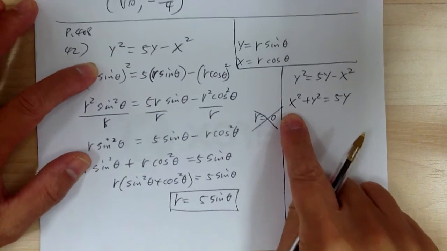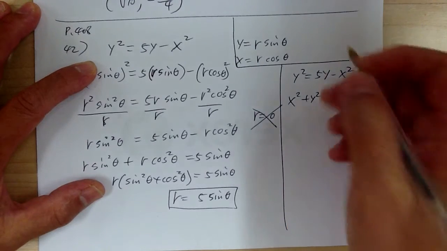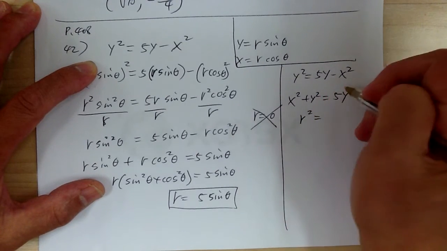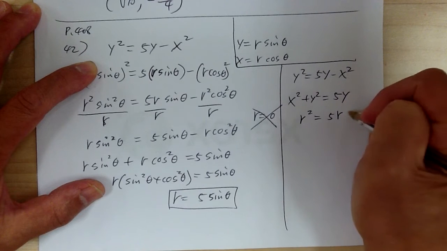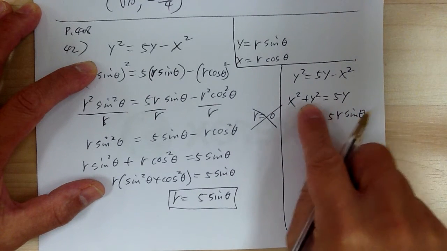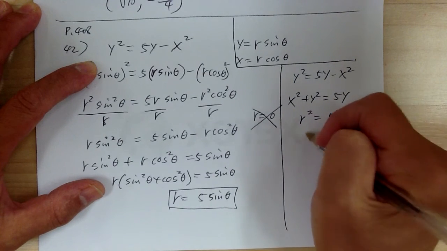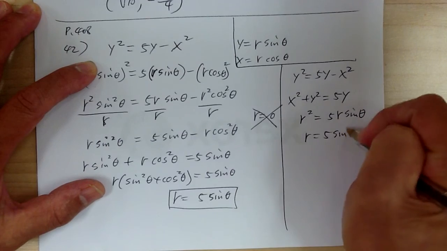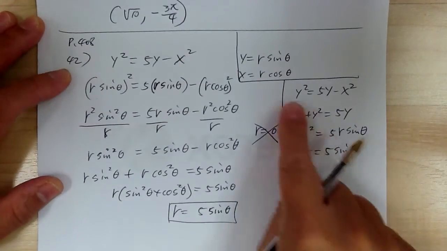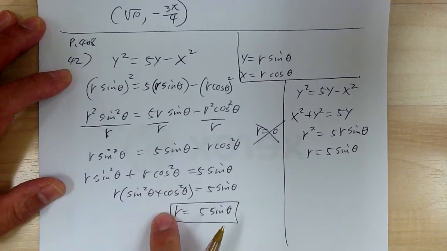And recognize that using the Pythagorean theorem, x squared plus y squared equal to r squared. So this is equal to r squared already, and this is equal to 5r sine theta. And from here you can divide by r. So r equal to 5 sine theta. So this is a quick way if you recognize that. But if you don't, just substitute and work it out.